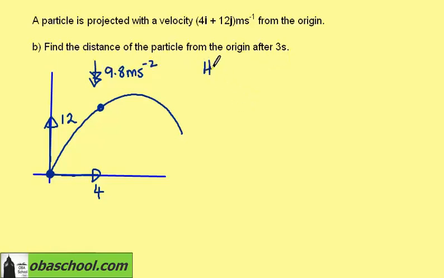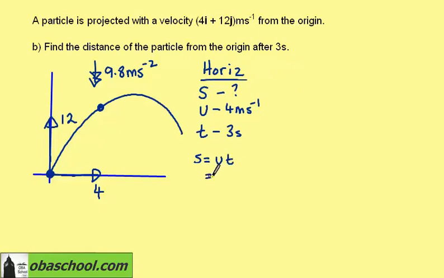If we consider the horizontal motion, collect the information with SUVAT, we know the speed is 4, and the time now is 3 seconds. So s is equal to ut, which is 4 times 3, which is 12 meters.